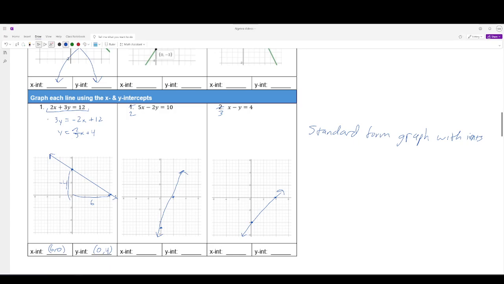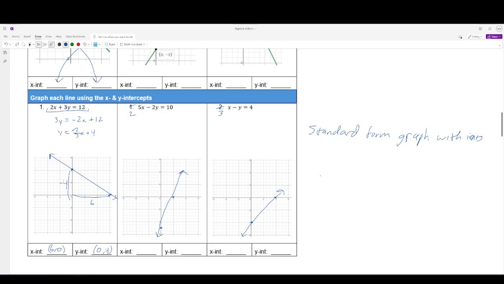Being able to graph directly from the intercepts gets us to the graph faster. So it is a very useful thing to have this standard form sometimes. But if we don't want standard form, we can always turn it into slope-intercept form. So we can kind of think of standard form.